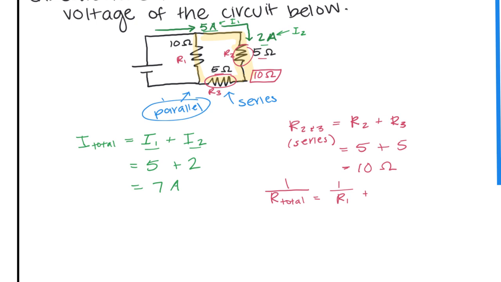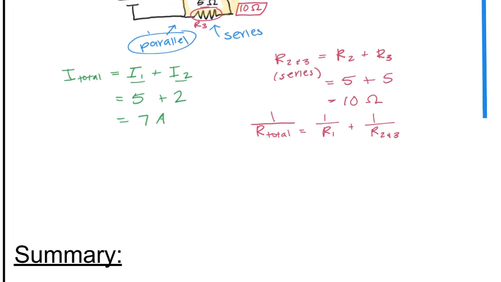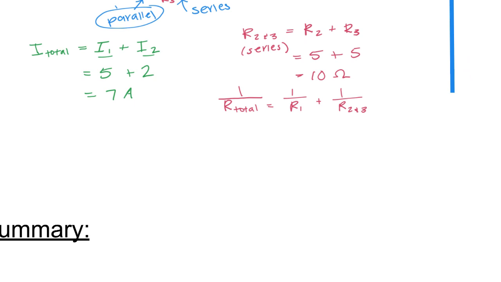So 1 over R1 is equal to 1 over the resistance between R2 and R3. So I'm just going to say R2 and R3, which we already calculated up here. I'm going to scroll down to make a little bit more room. I'm going to leave this side of the equation as is, but we can go ahead and start plugging in numbers here.